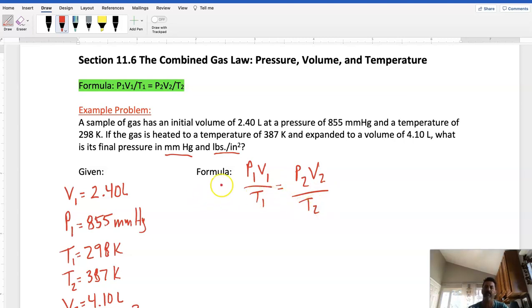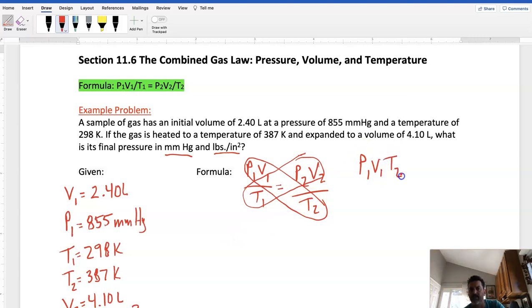They are combined together. Now, I know a lot of people like to just cross multiply and divide. So if I did that, I would come up with P1 V1 T2 equals T1 P2 V2. So I just cross multiplied both of those together. I want to get P2 by itself.